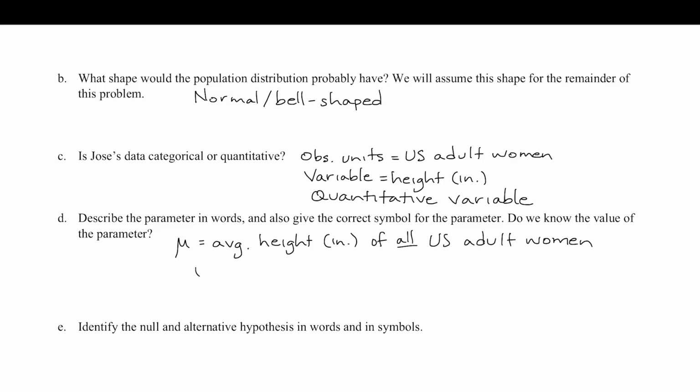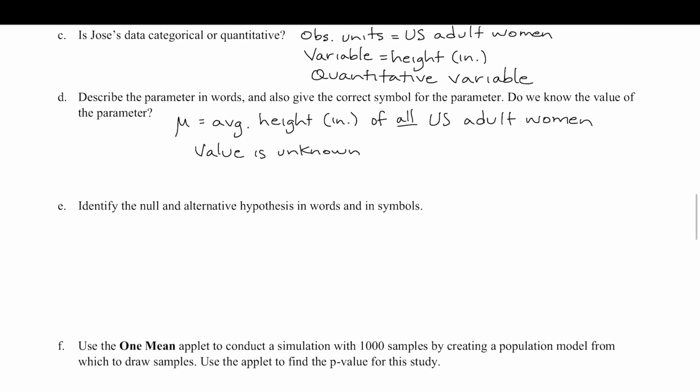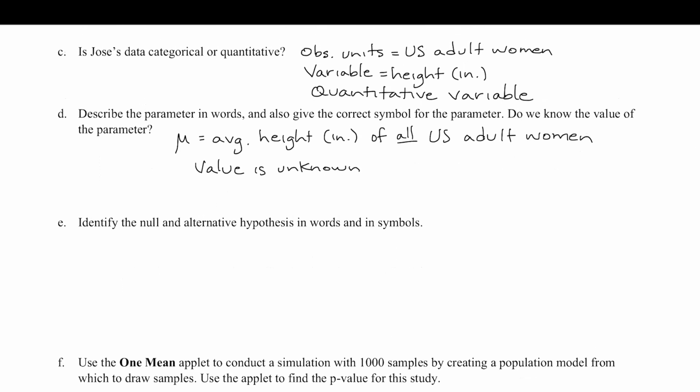And as is generally true of parameters, we do not know the value. The value is unknown. We are going to make an assumption about the value of the parameter to create our null hypothesis and be able to do our analysis. But generally speaking, the value of the parameter is not known.